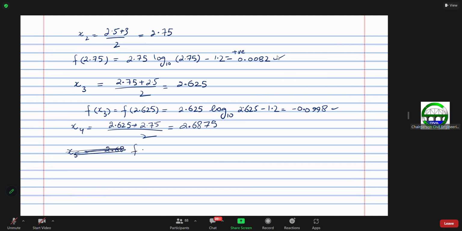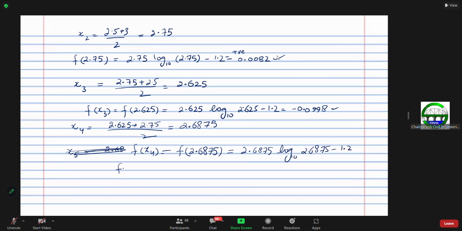F of x4 is equal to f of 2.6875, which is equal to 2.6875 log 10 of 2.6875 minus 1.2.